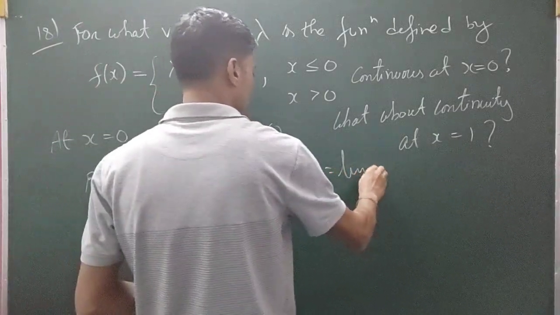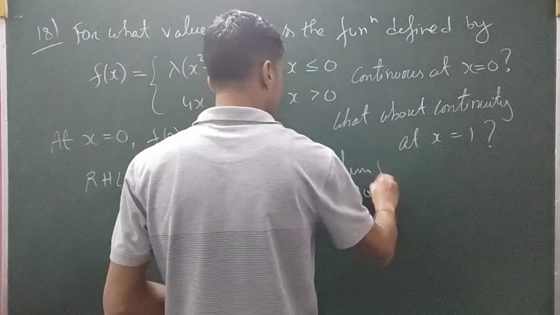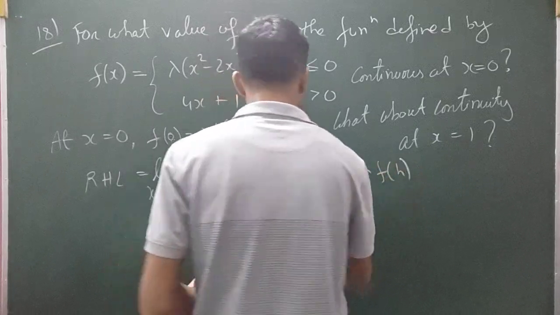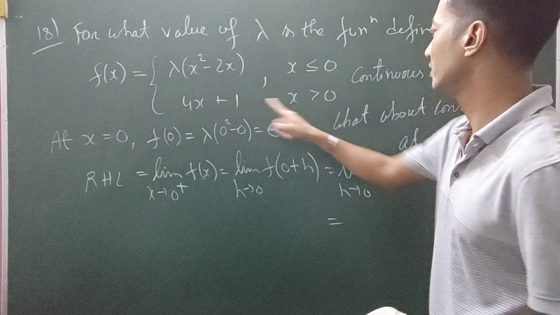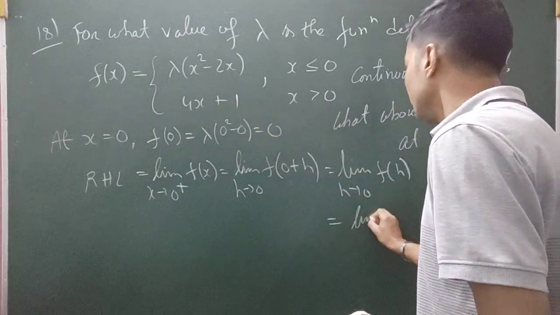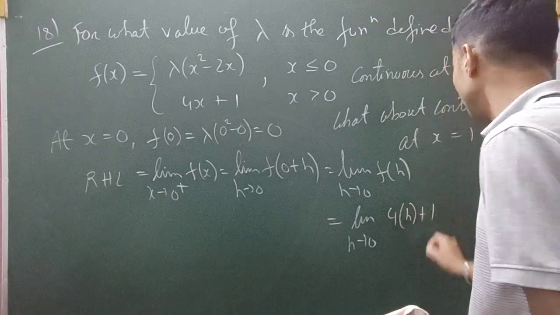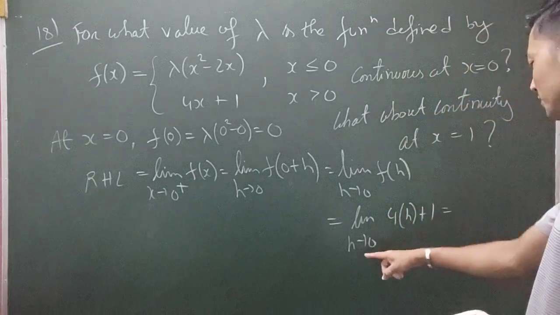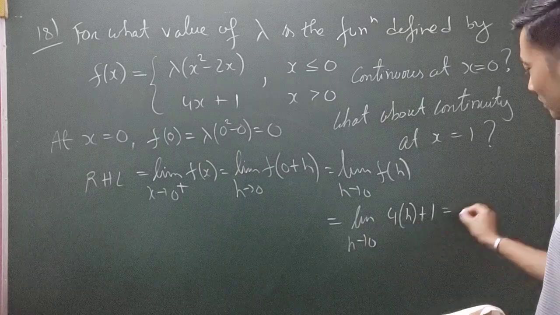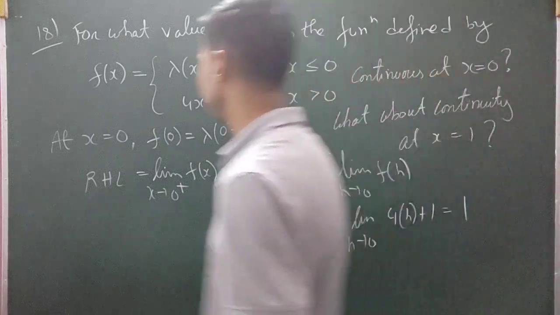So that is the limit as h tends to 0 of f of h, which is 4h plus 1. Putting h tends to 0, we get 1. So our value is 1.